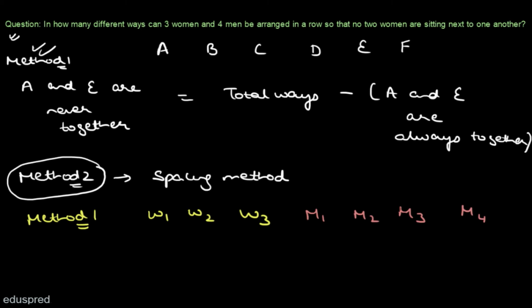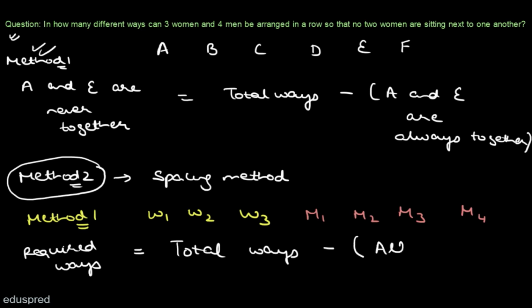And as you have to find the number of ways in which no 2 women are sitting next to one another, what we can do is write that required ways is equal to total ways minus the number of ways such that all women are together. And we have already found the number of ways in which all women are together. We did this in the last question.